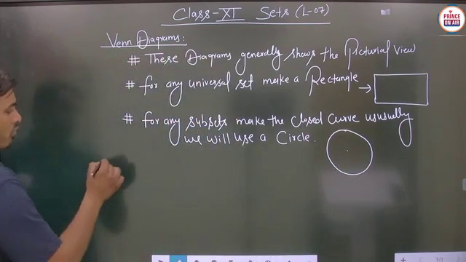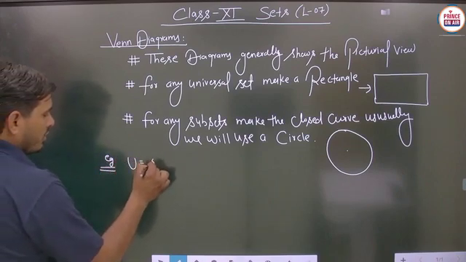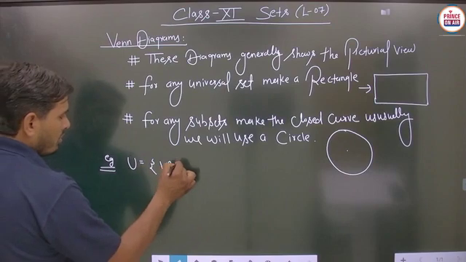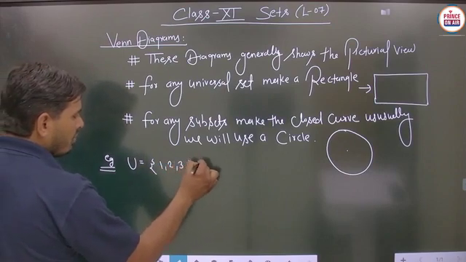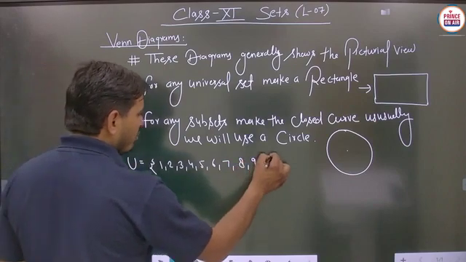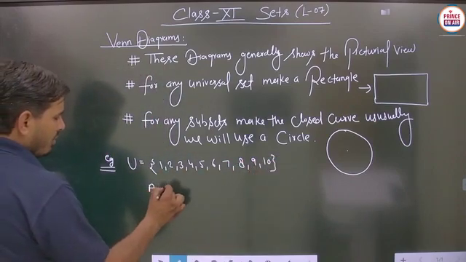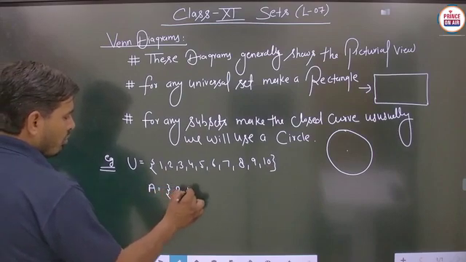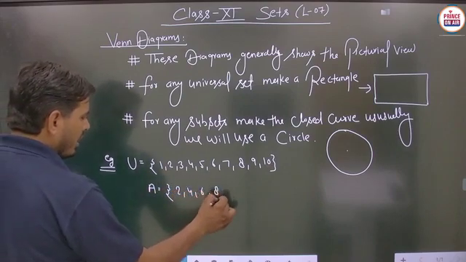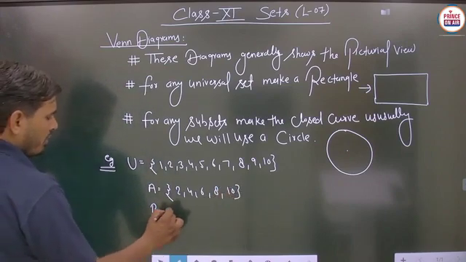Suppose we have to take an example. Suppose the universal set is written like this: 1, 2, 3, 4, 5, 6, 7, 8, 9 and 10. Suppose this is the universal set, and any subset we make like this: A = 2, 4, 6, 8, 10, and any other set B we make here.